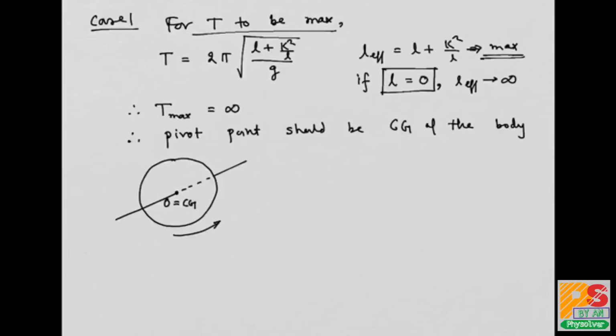Coming to case 2. Case 2 is important. Here they will ask you the condition for which T, that is time period, will be minimum. I will again write the formula.